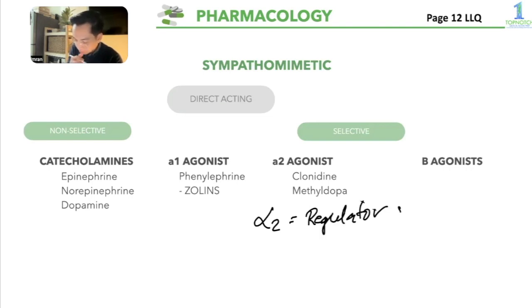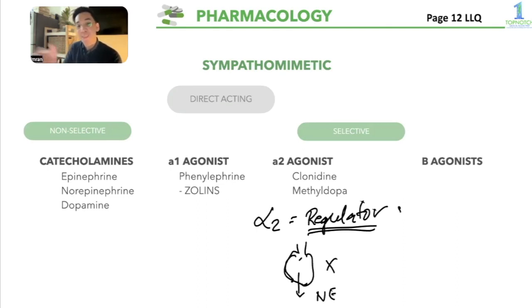It will decrease the release of your norepinephrine from the presynaptic cleft, yung parang kanina. Hence lower catecholamine levels will cause now your vasodilation. So ganun yung effect niya.